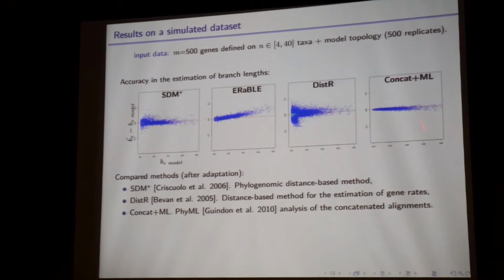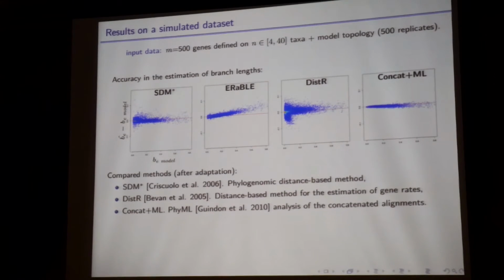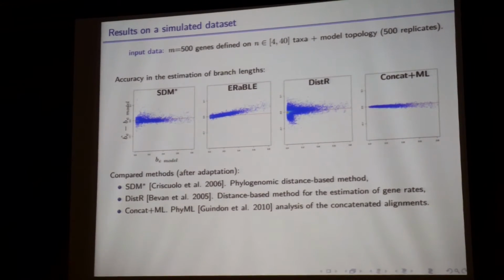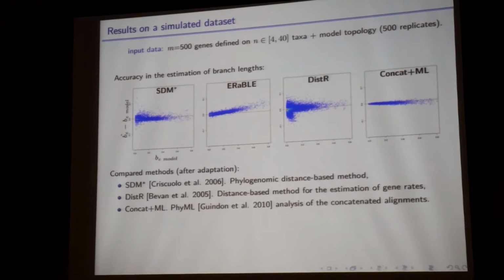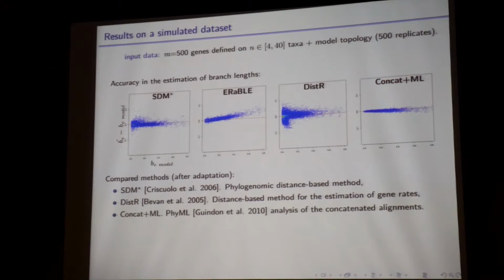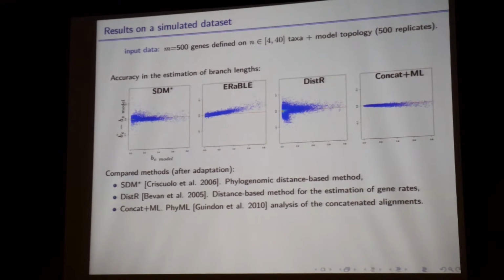So here are the plots for the accuracy of the estimation of the branch length. In the horizontal axis, we have the model branch length, and in the vertical axis, we have the differences between the estimated branch length and the model branch length.